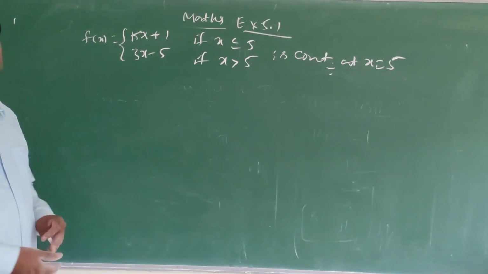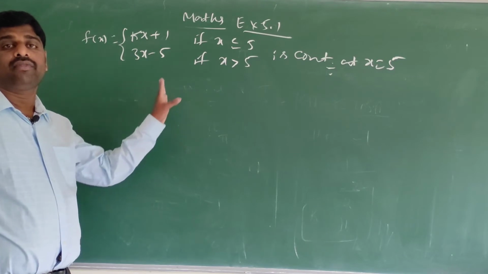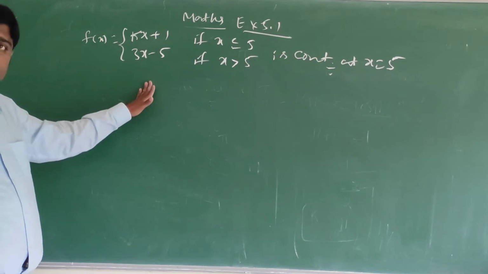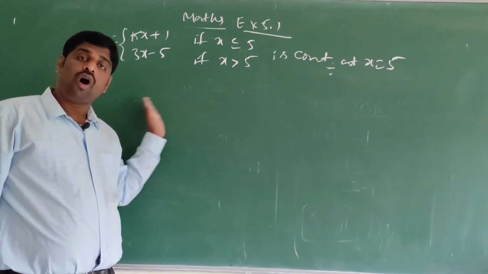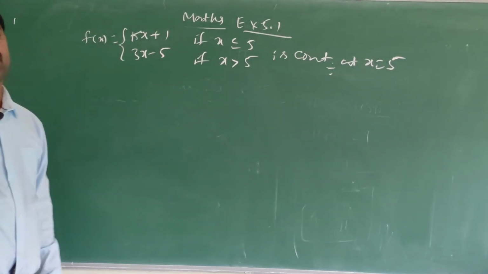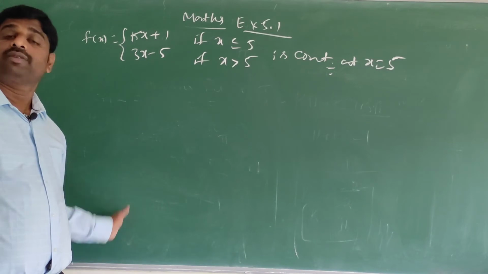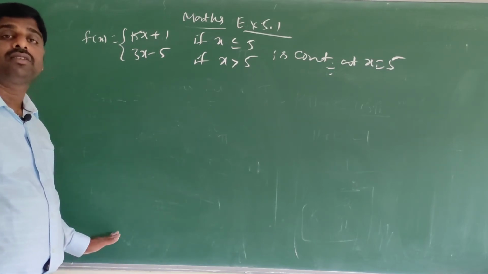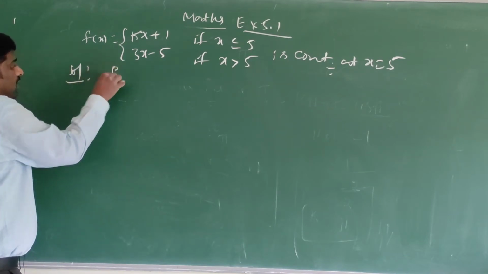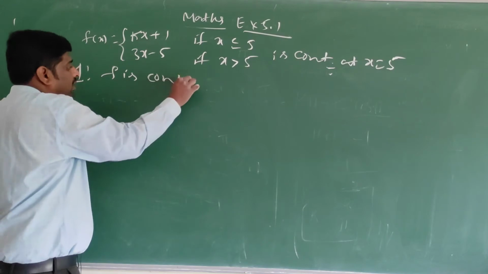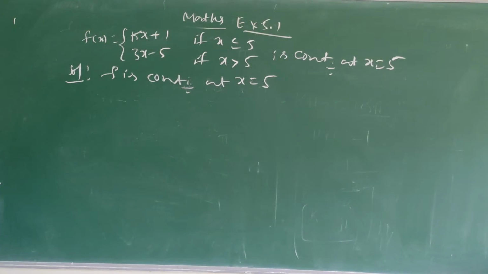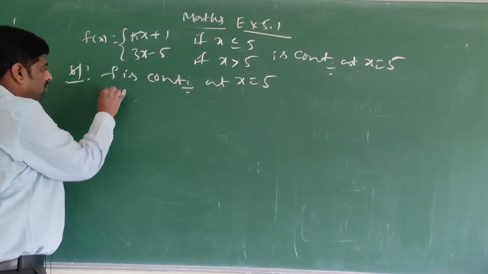Already I told children, here no need to check whether f is continuous or discontinuous. Just write f is continuous. If f is continuous means what? All values are equal, no? LHL equals RHL equals the function value. Okay, and substitute the functions, substitute the limits and find the value of k. f is continuous at x is equal to 5. f is continuous means what?